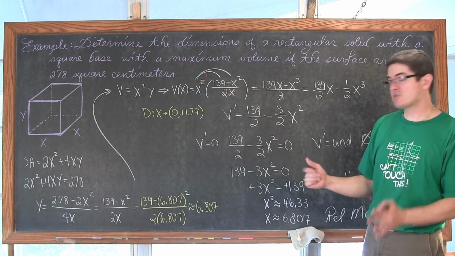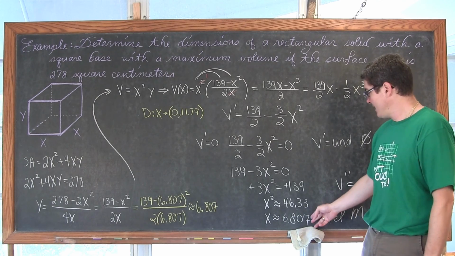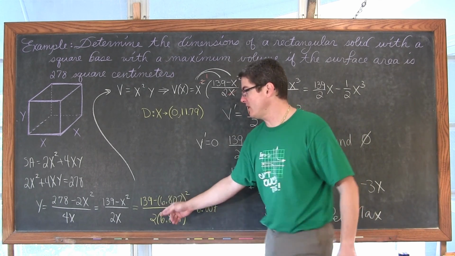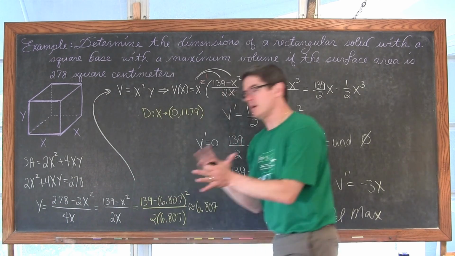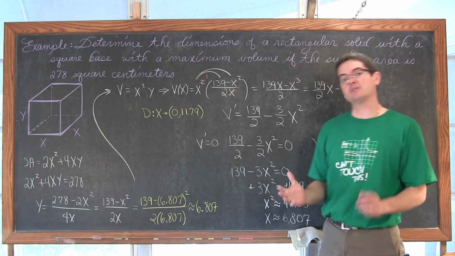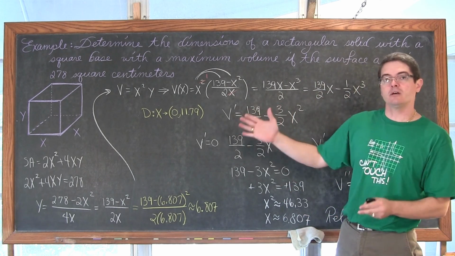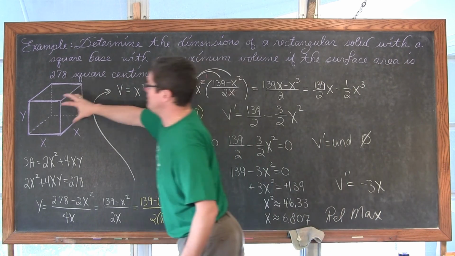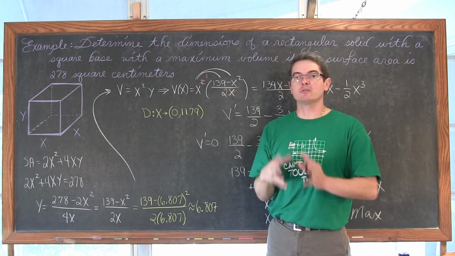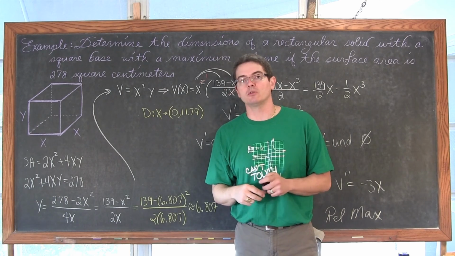And our initial suspicion was correct. The approximated value for x, when plugged into the equation relating those two together, gives a y value which was also 6.807. So it does look like that rectangular solid needs to be the shape of a cube. That's the most efficient way that a rectangular solid is going to be able to hold volume.